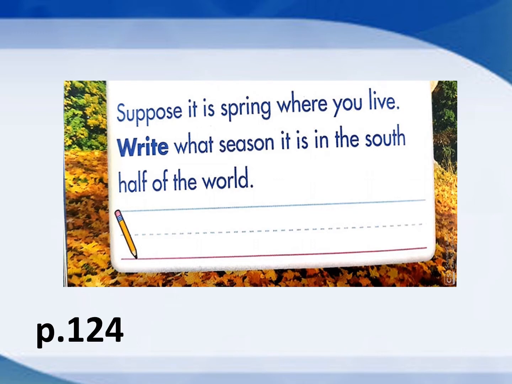Do you understand now why the season in the northern part of the earth is opposite to season in the southern part of the earth? This is very good. So, if it's winter in the north, what's the season in the south? Summer. Very good. You clearly understood it.